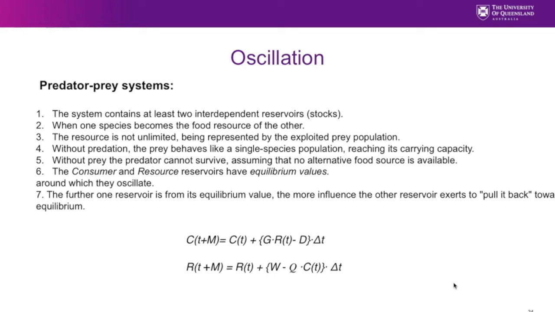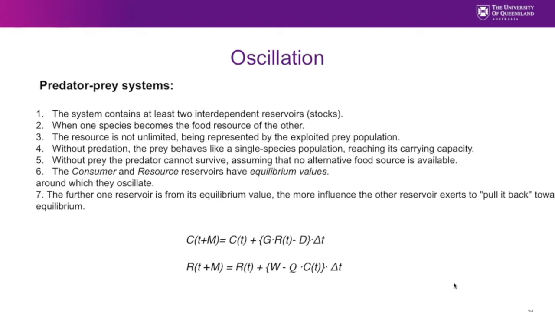The third characteristic is that the resource is not unlimited, being represented by the exploited prey population. So without predation, the prey behaves like a single species population reaching its carrying capacity. Without prey, the predator cannot survive, assuming that no alternative food source is available.